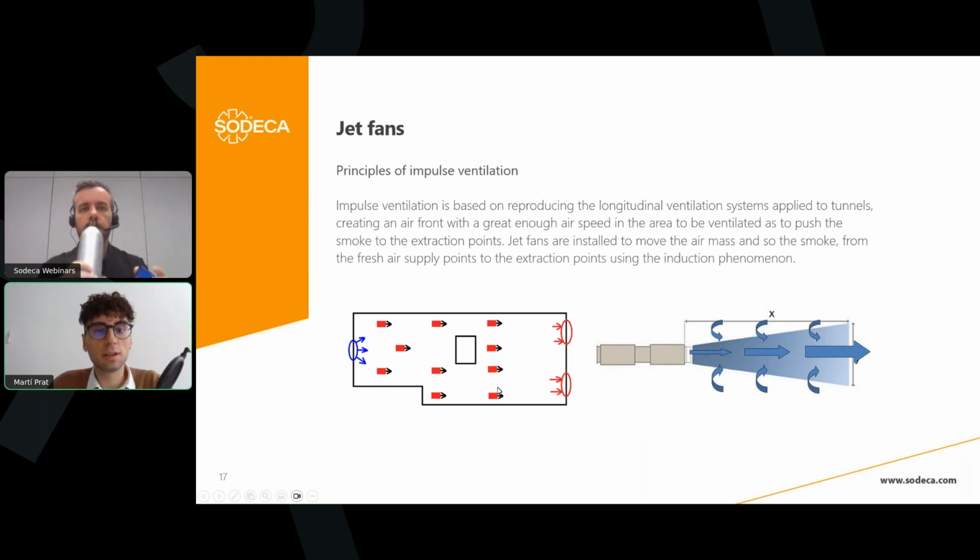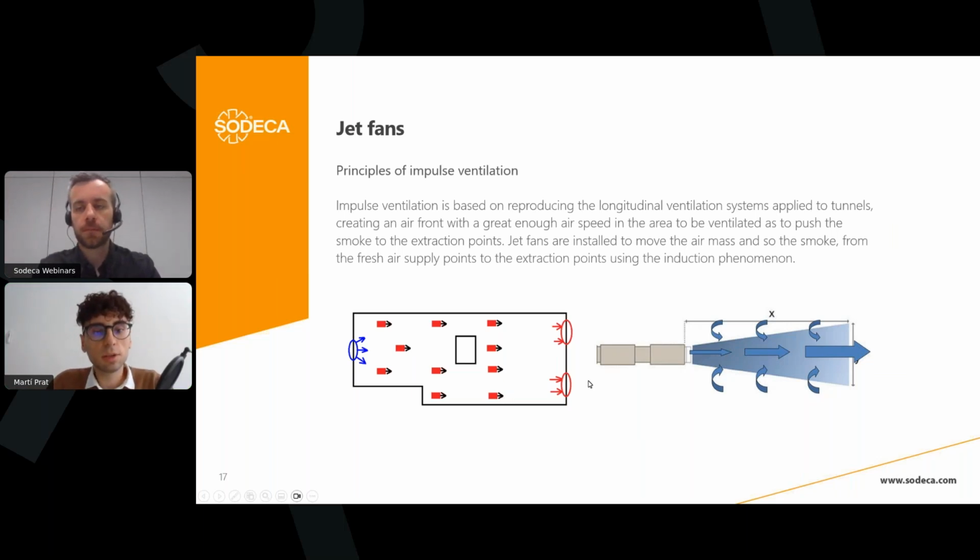As we see here, it is also very important where we position the supply points and the extraction points. They should be in opposite facades of the car park in order to allow this cross ventilation.